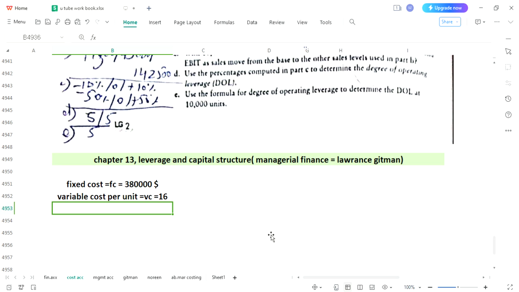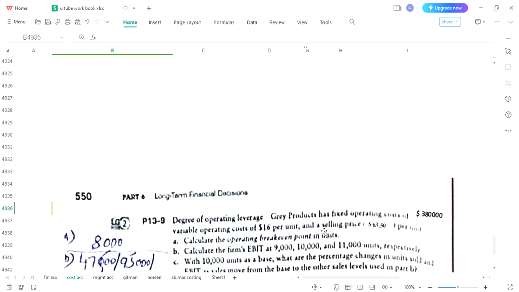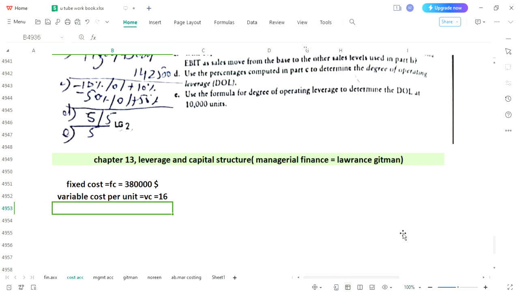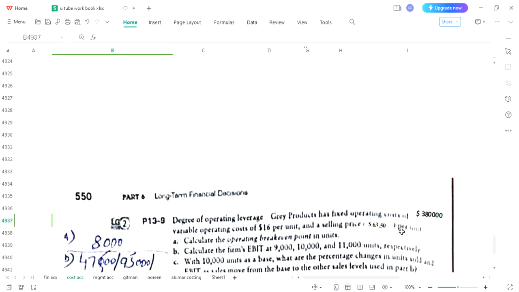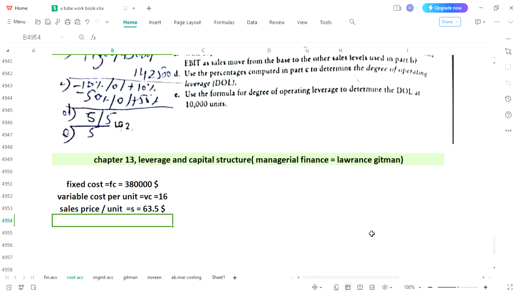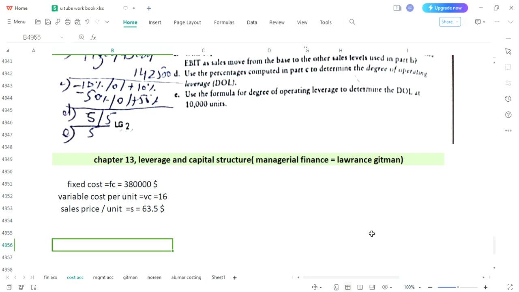All right, let's go back and see the selling price is 63.5 per unit. Again, sale price per unit is given, and that is 63.5. So inputs are now in front of us.